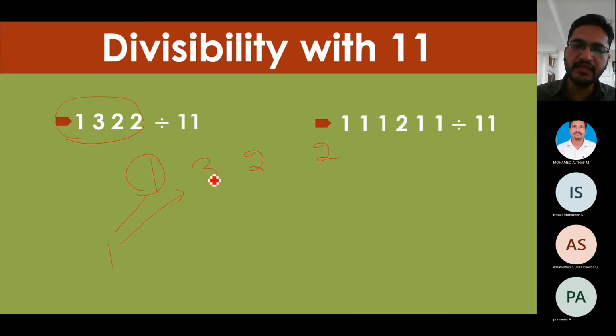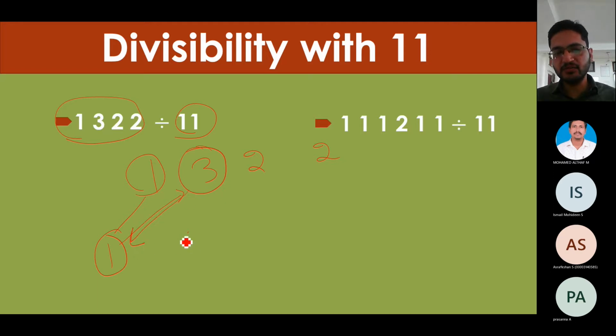But in this case, when we divide any number by 11, we subtract this number from this number. So 3 minus 1, that is 2. 3 minus 1, not 1 minus 3. 3 minus 1, that is 2.